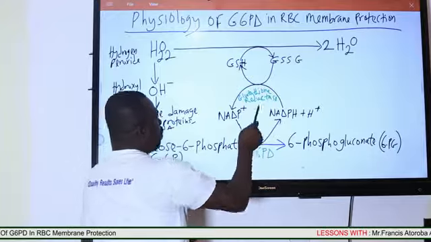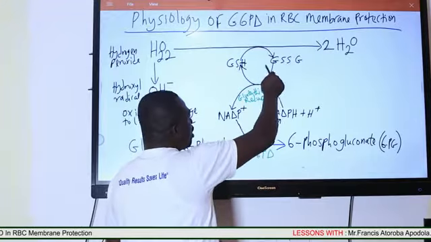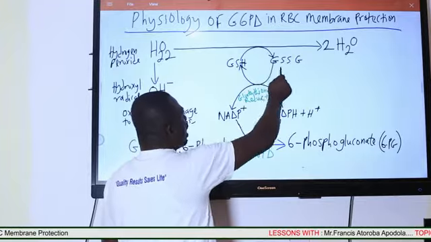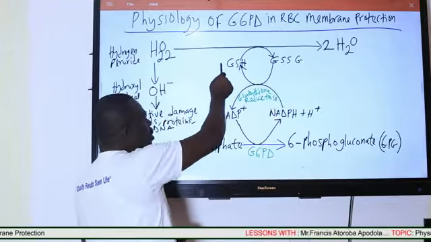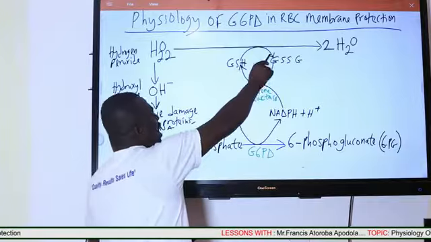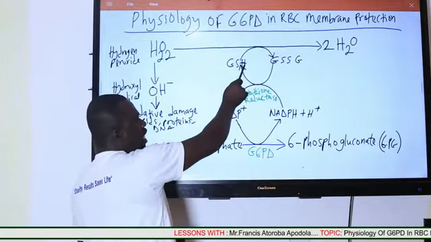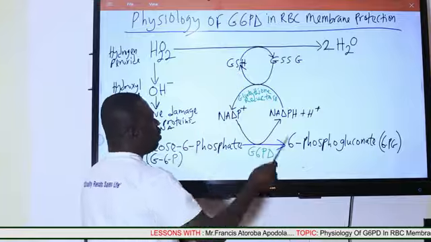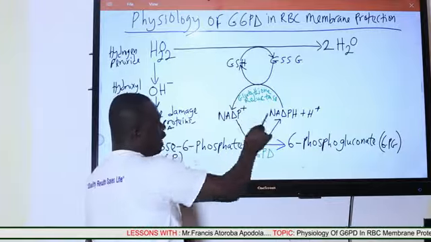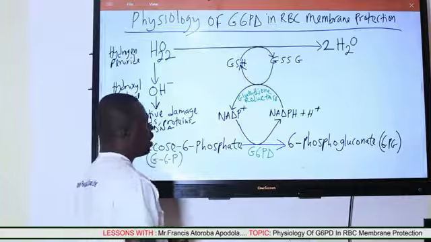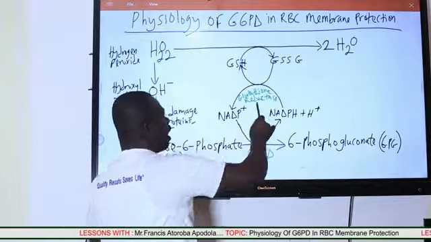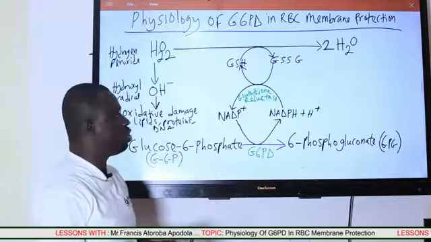So because conversion of oxidized glutathione to reduced glutathione is a reduction reaction, notice that reduced glutathione has hydrogen, which is being obtained from NADPH, whilst oxidized glutathione does not have hydrogen.